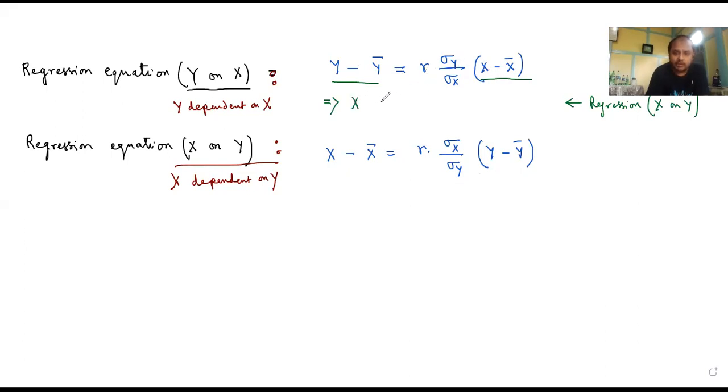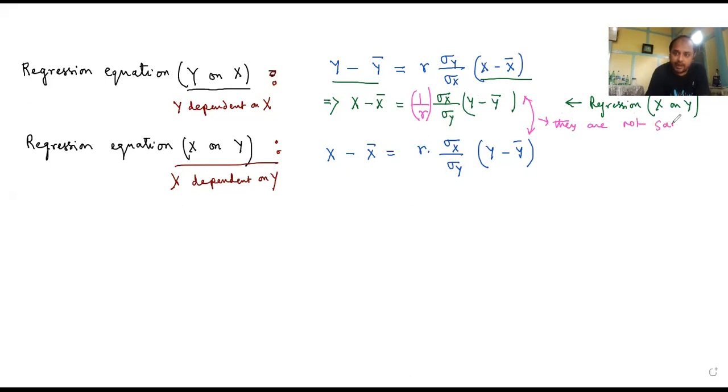We need to keep x minus x bar on the left hand side, take y minus y bar on the right hand side, and then sigma x will automatically be on the top of sigma y. But what he can miss in this process is that 1 by r will come as a reciprocal. Now this equation that I have written and that equation, they are not the same.